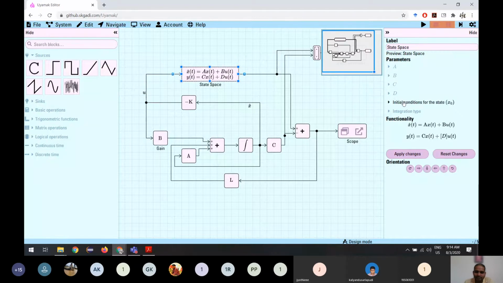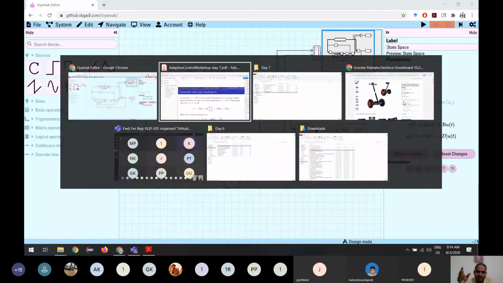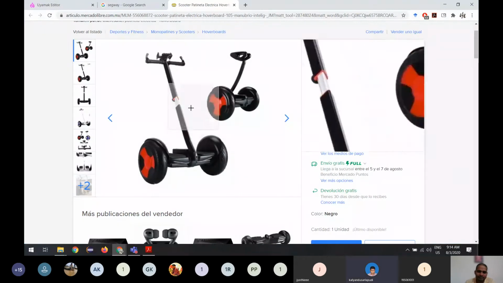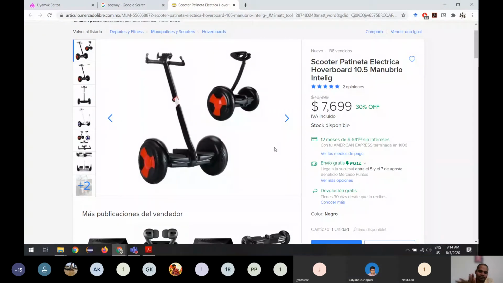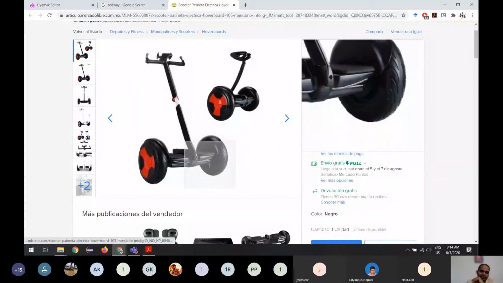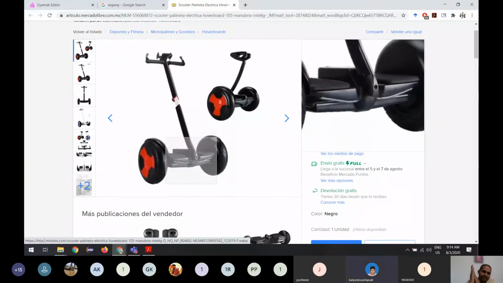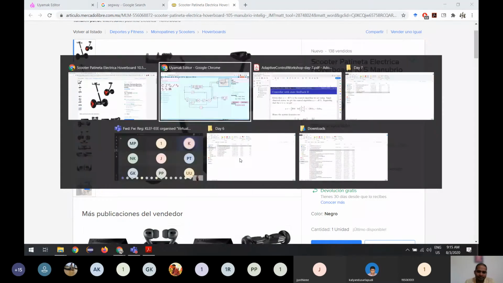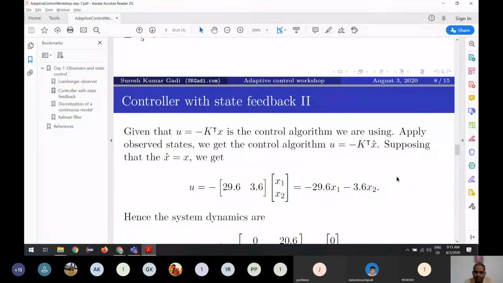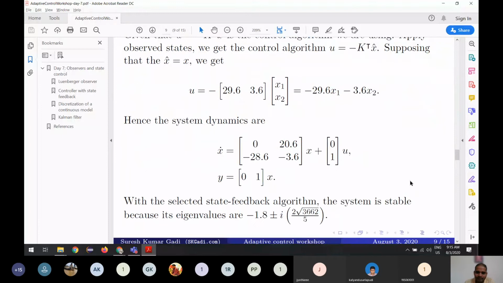Whatever initial conditions you give, in the case of this scooter, whatever you push or whatever you do, it always comes back to its initial state or 0 state, which is standing straight without any oscillations and without any movements. That's the objective of our controller, and we can see it is working. Any questions, please ask me.